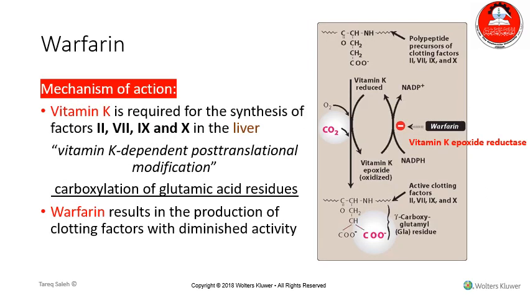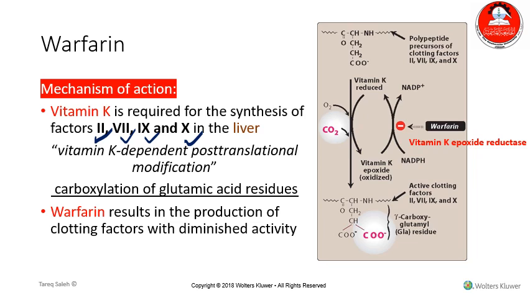So how does warfarin work? In order to understand the mechanism of action of warfarin, we need to revisit how some of the coagulation factors are synthesized. So the major site for the synthesis of most coagulation factors, including factor 2 or prothrombin, factor 7, 9, and 10, is in the liver. Most of these coagulation factors are synthesized in the liver.